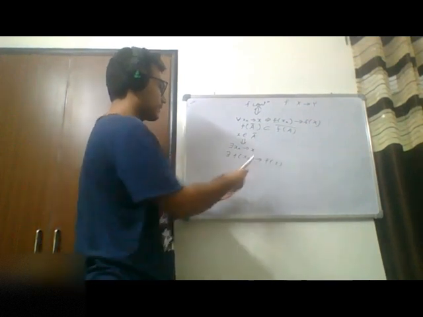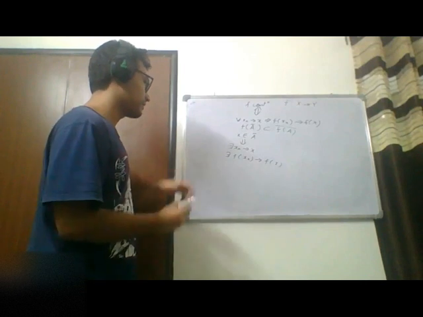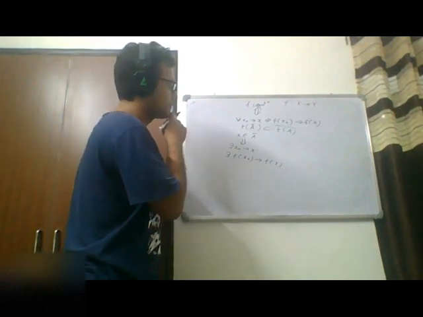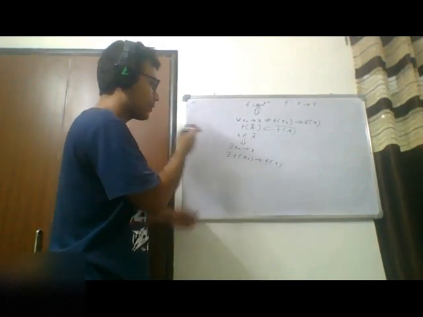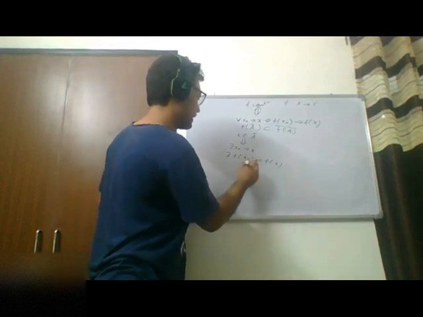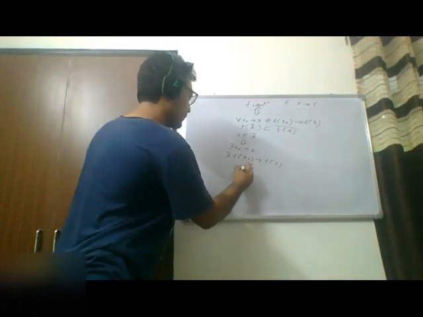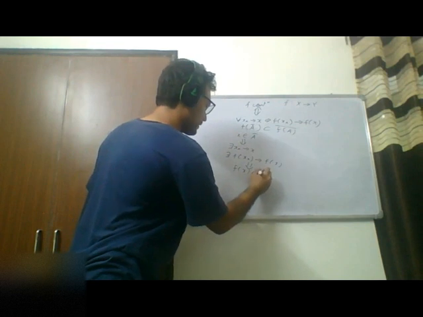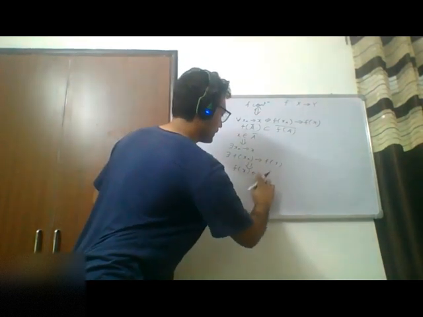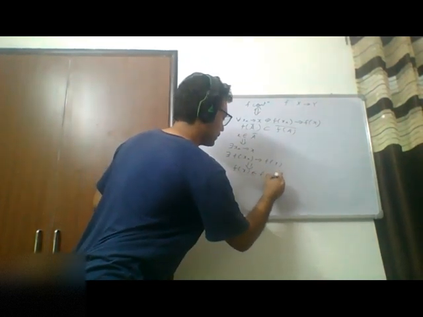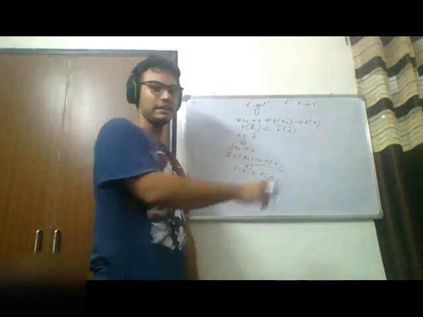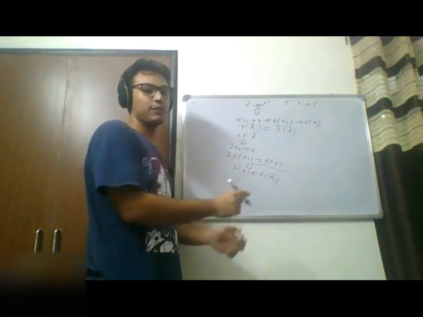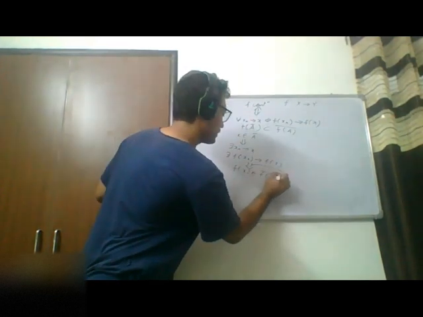So since this is converging, what does that mean? This implies that f of x is a limit point. Note that this implication does not require any axiom. It's applicable for all topological spaces.